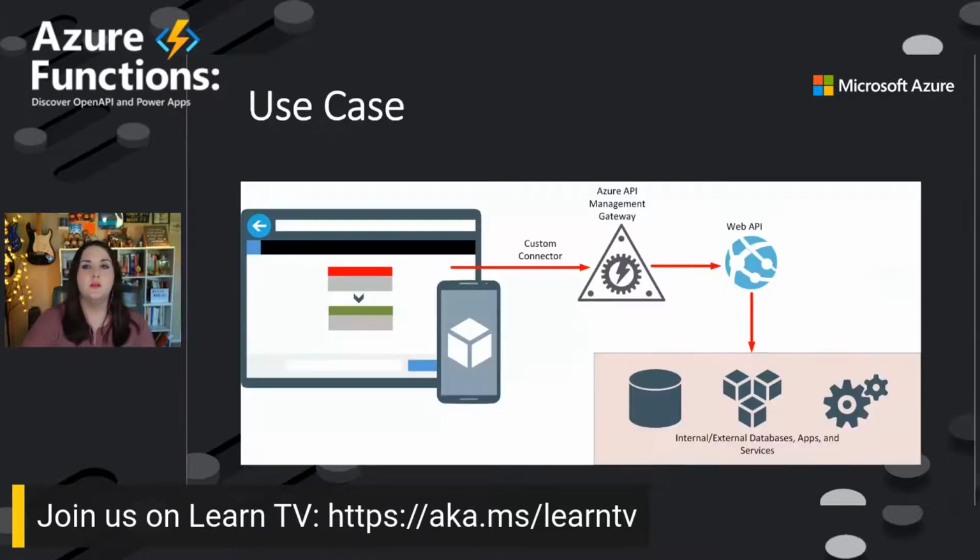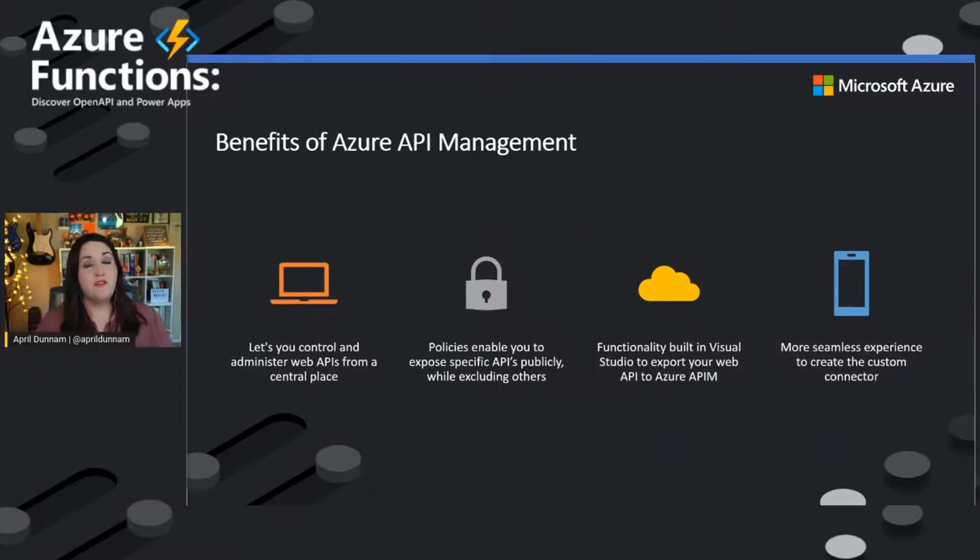And how this would look from an architecture standpoint, you would have a Power Apps application. The custom connector would talk to Azure API Management, which is talking to your web API, and that's talking to your internal and external services. And to sum up some of the benefits of why you might consider using Azure API Management to host your connector, rather than just pointing to an OpenAPI document directly as I showed in that demo, it gives you the control and the ability to administer your web APIs from a central place.